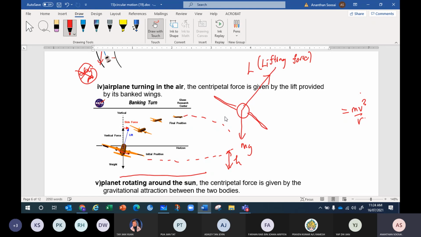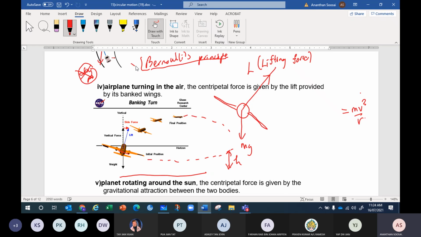What principle is that? I don't know whether you learned it in your O levels or not. Heard of Bernoulli's principle? Anyone? Did you learn Bernoulli's principle?